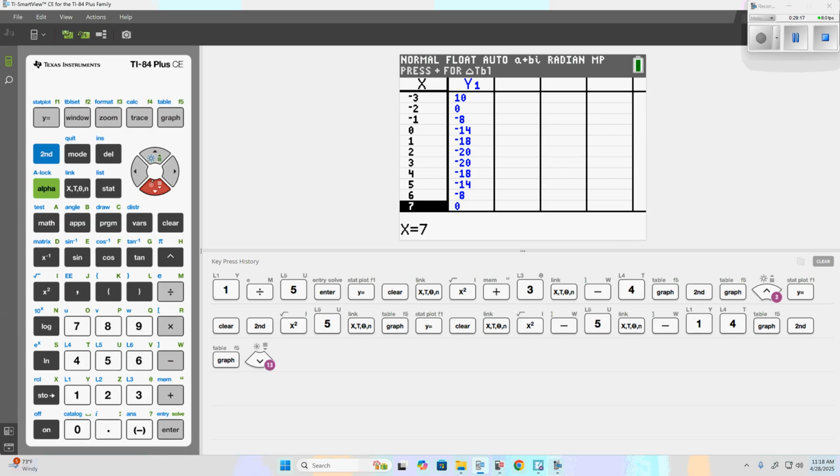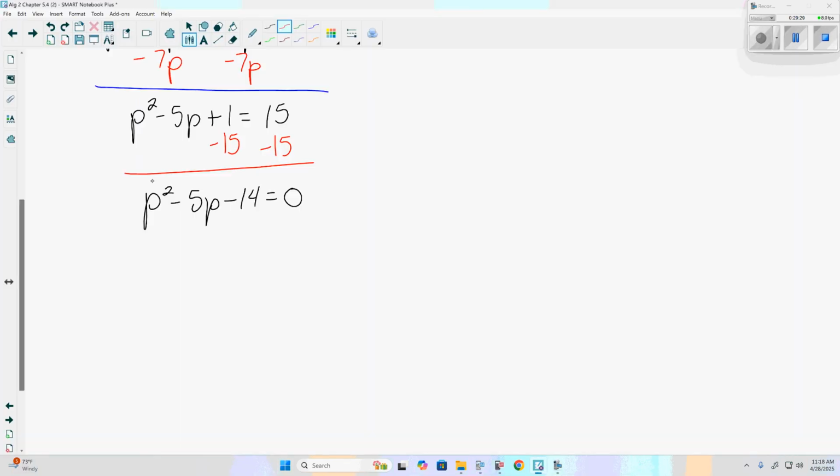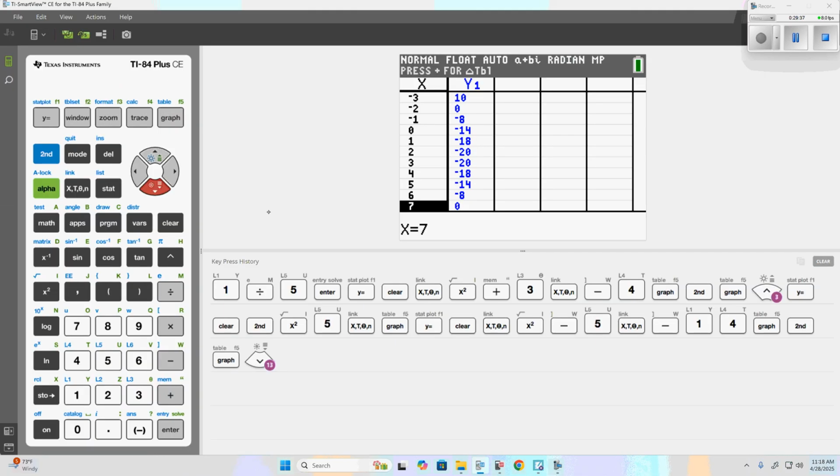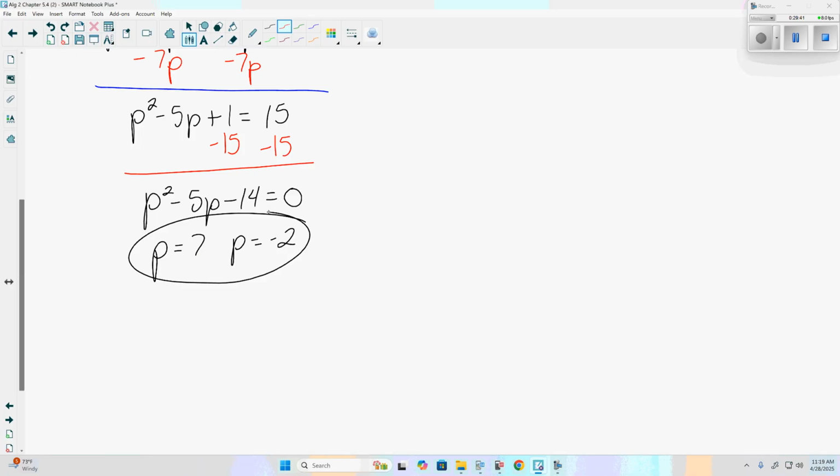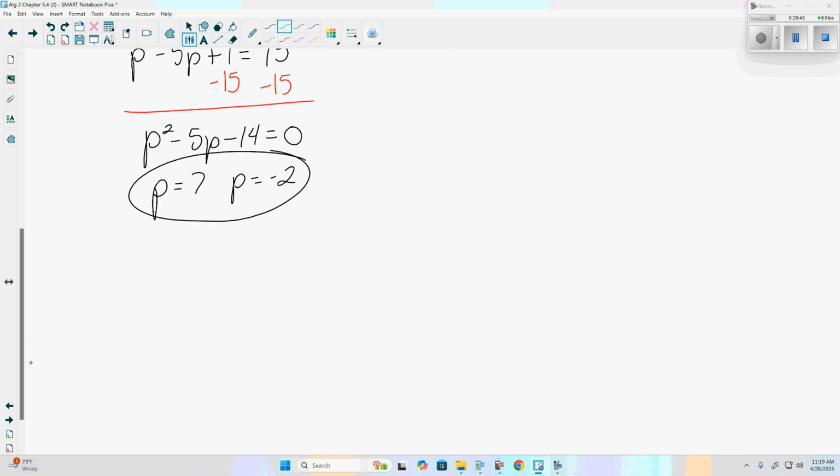If we have a number in front of our x squared term and no greatest common factor, we're going to have possibly integer solutions. Well, here are the two solutions, values of x, that make this function be 0: when p is equal to 7 and p is equal to negative 2. When we typed it in the calculator, we were talking about it in terms of x, but p is the same thing.